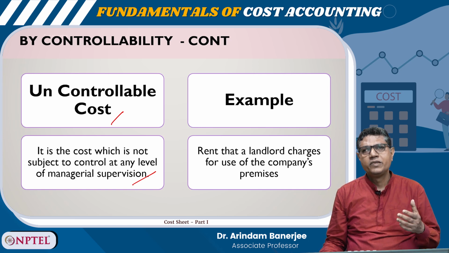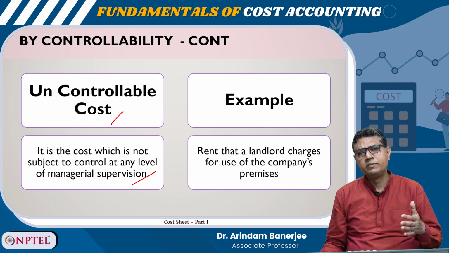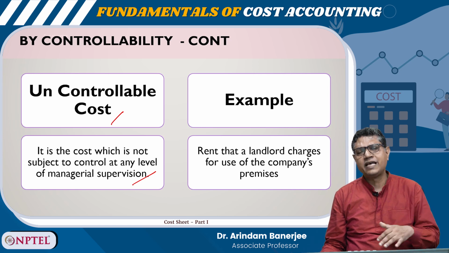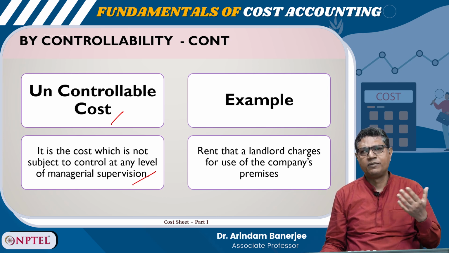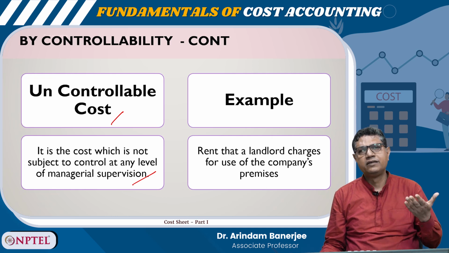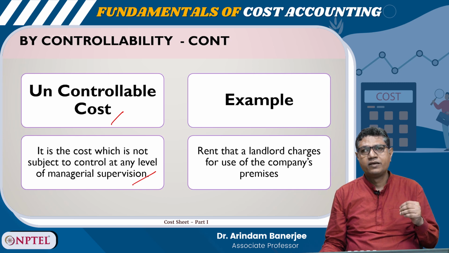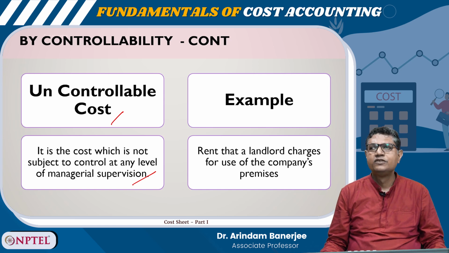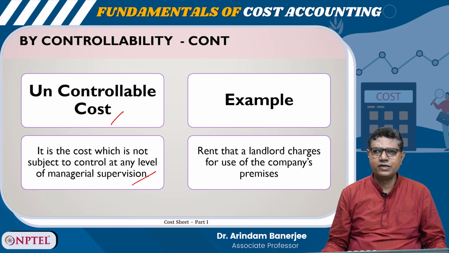Within this period the company may go through several cycles, sometimes a boom, sometimes a recession, sometimes high income, sometimes low income. But the company cannot stop paying the rent. So this is a kind of uncontrollable cost. I have to pay it whether I am earning or not earning, if I remain in possession. So these are called uncontrollable costs.